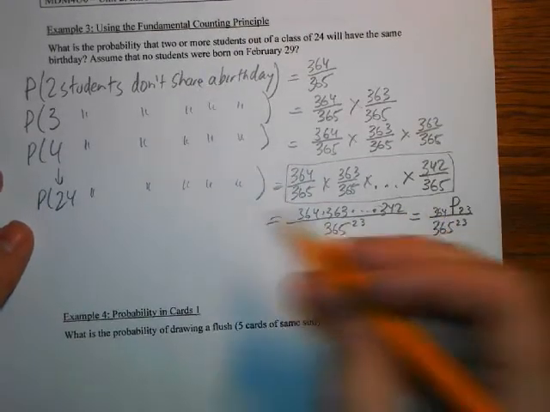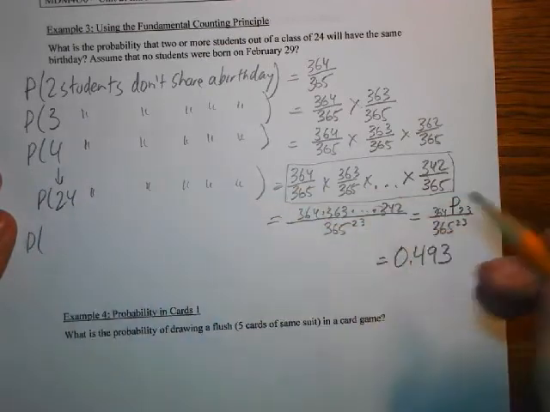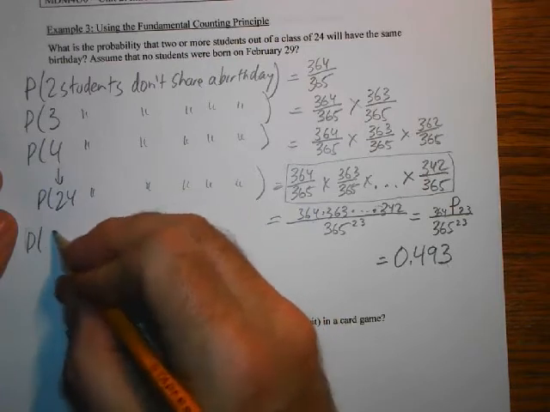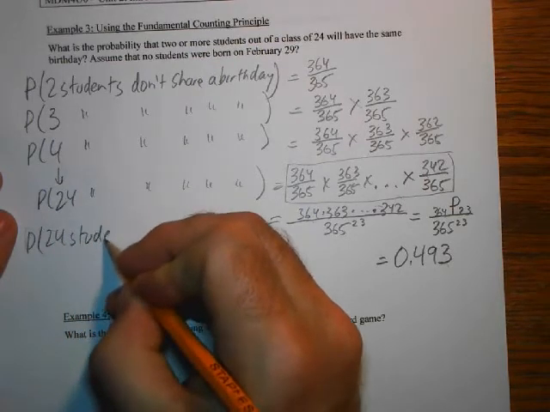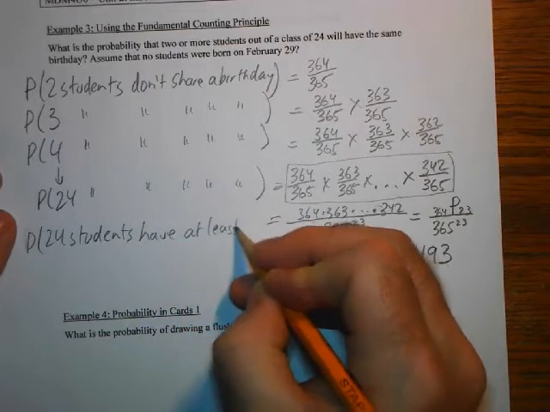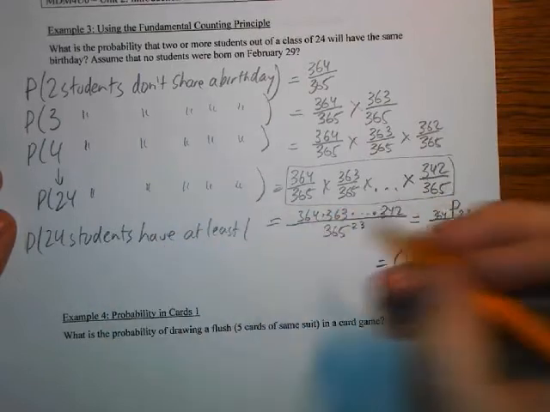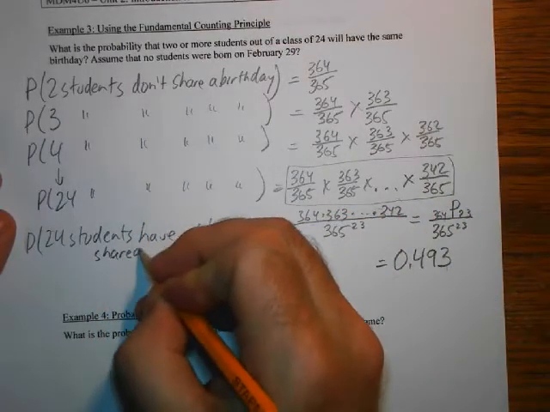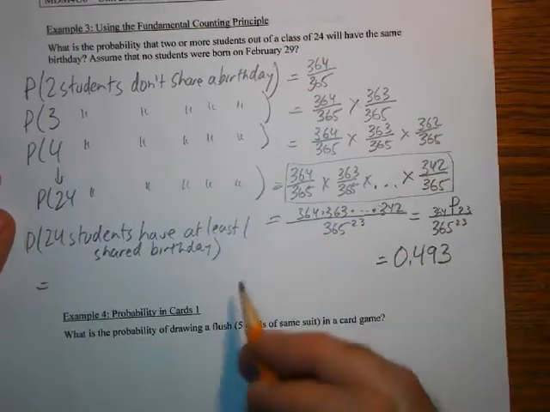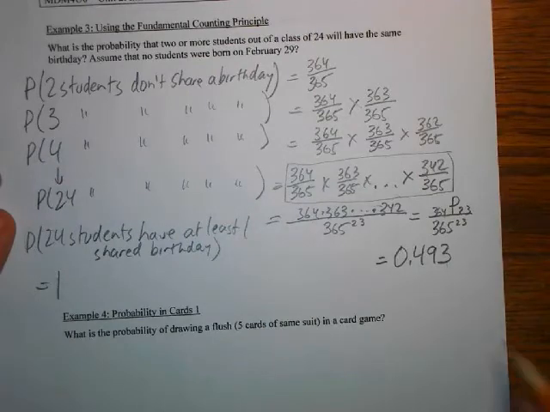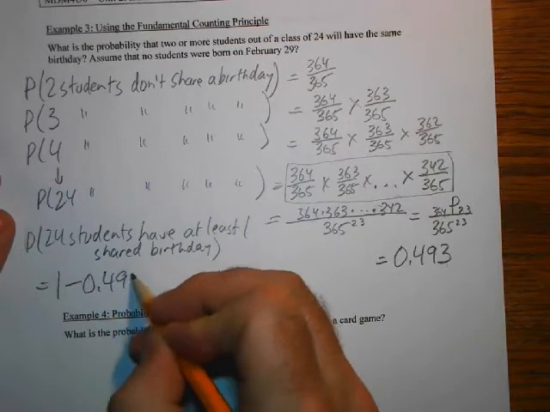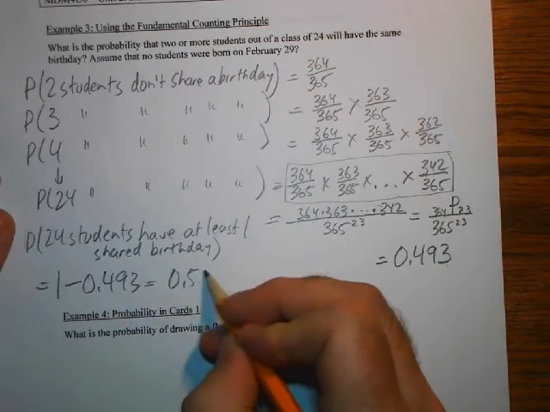If I want to know the probability that the 24 students have at least one shared birthday, that's going to be equal to, again, remember the complement of the probabilities, 1 minus 0.493, which is equal to 0.507.